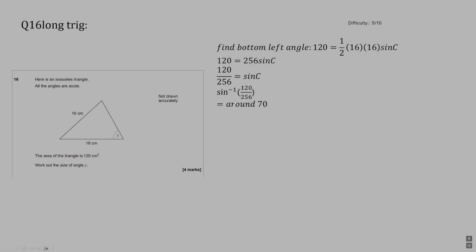It doesn't really matter the rounding because AQA is really lenient with how the rounding works, unlike some other exam boards, who don't let you round at all. Now we just need to remind ourselves that this angle also equals y, and we can do this to find the angle because we know that these two angles are the same.